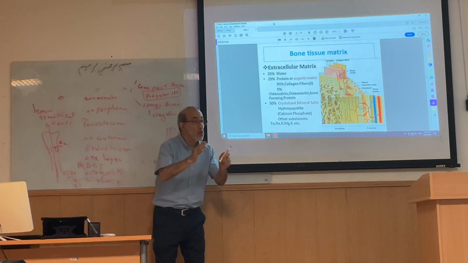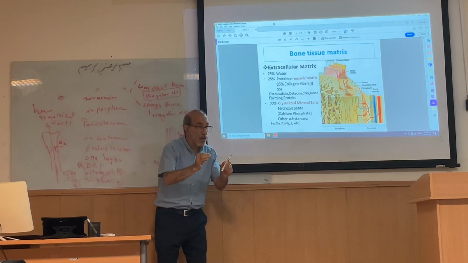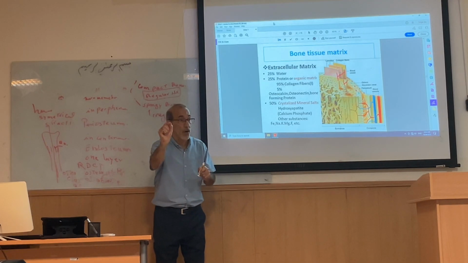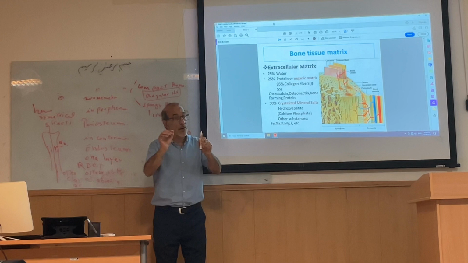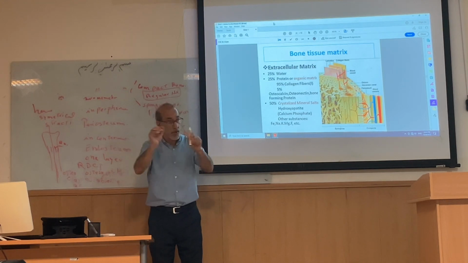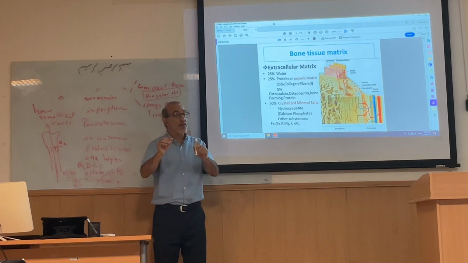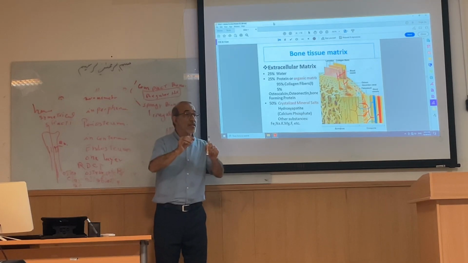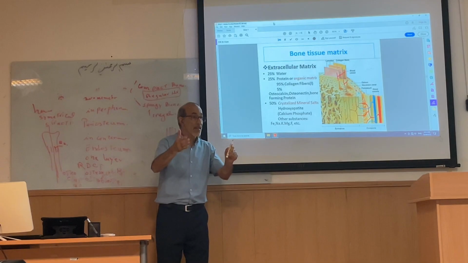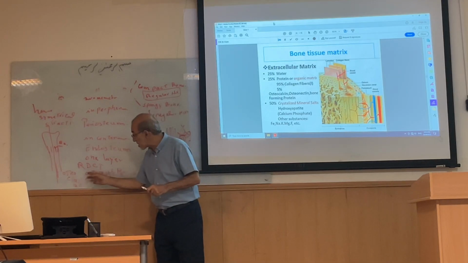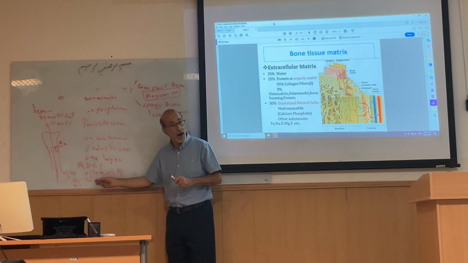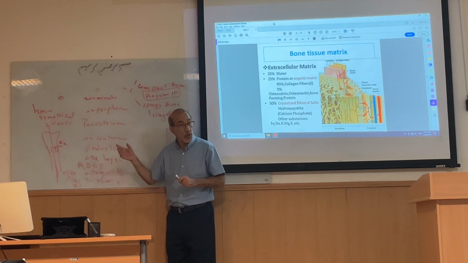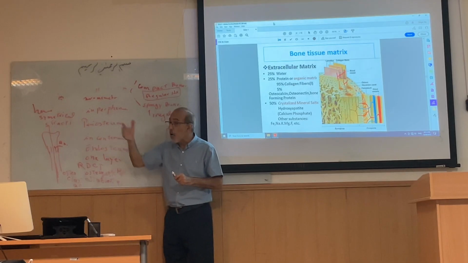Repeat: endosteum is a one layer structure, a regular dense connective tissue. What are the types of cells in endosteum? Osteogenic cell, osteoblast, osteoclast.